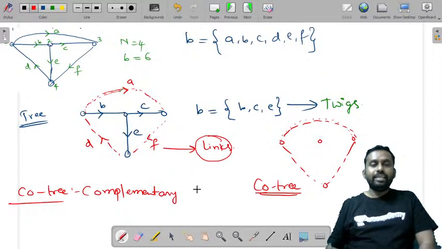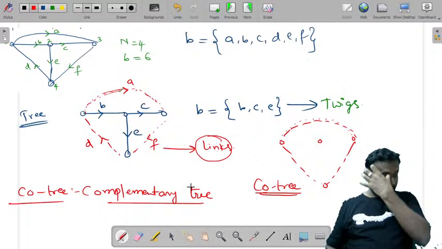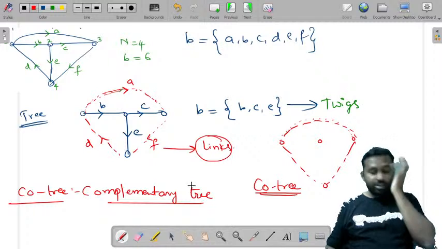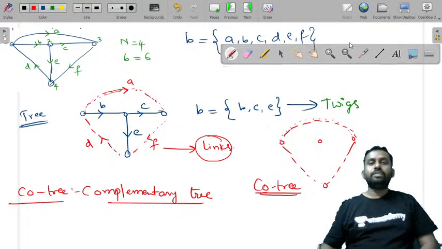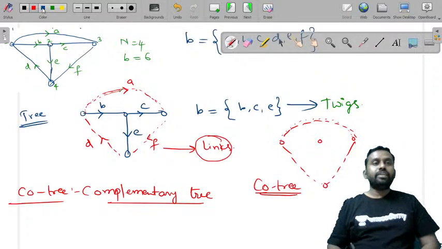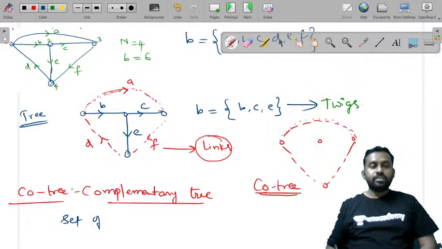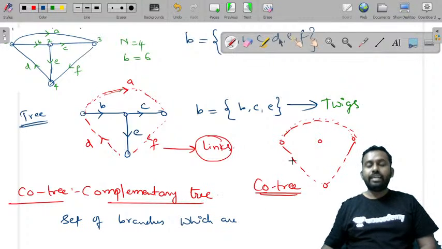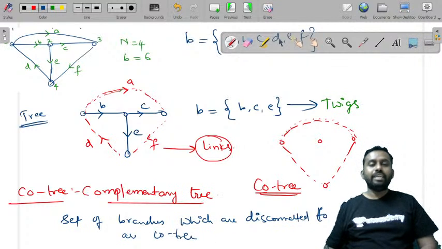Co-tree is the set of branches which are disconnected to form the tree.